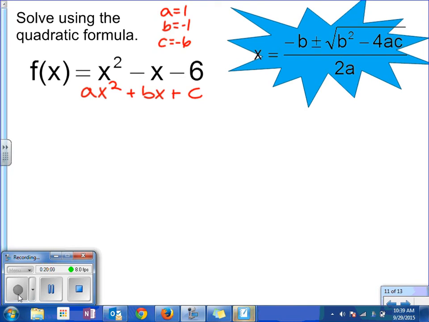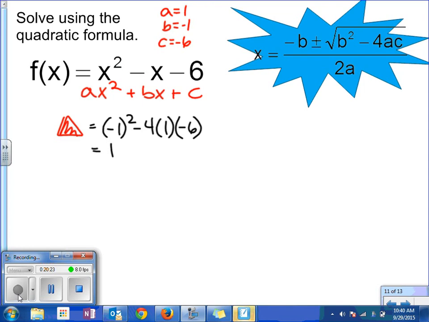Okay. Then we're going to calculate step 1, which is our discriminant. And we would do something like b squared, which in this case will be -1 squared, minus 4 times 1 times -6. That's minus 4ac. With this -1 squared, when you square this number, it's always going to be positive, so we get a positive 1.